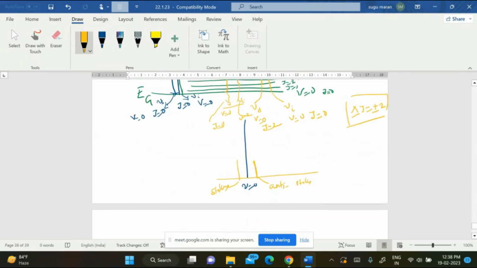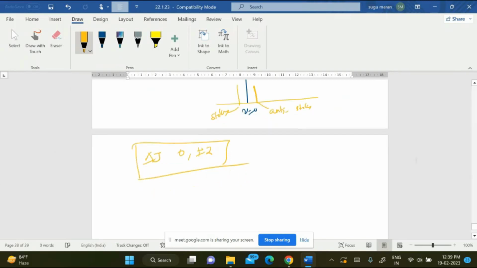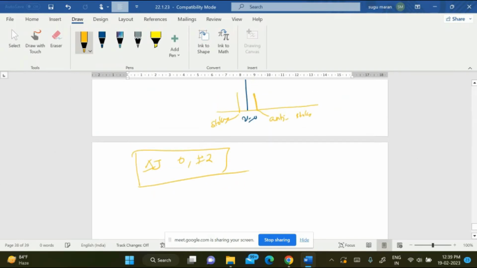So this is how the rotational energy levels work. And remember, the selection rule for pure rotation Raman is delta J equal to 0, plus or minus 2. This is your delta J, the selection rule for the Stokes and anti-Stokes lines. And this is a general rule: the wavenumber shift is B times J double dash minus J dash, when J double dash plus J dash plus 1.